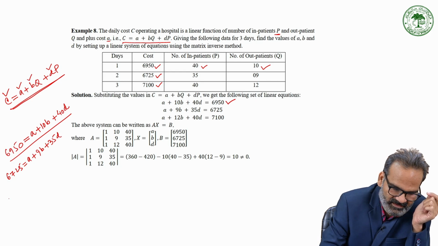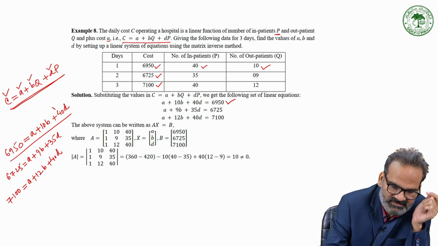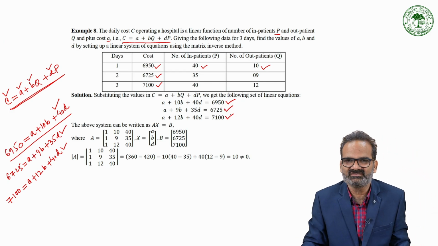And for the third day, the cost is now 7100. This is equal to A plus 12 of B plus 40 of D. So this is equation 1, equation 2, equation 3. We are getting the same equations.